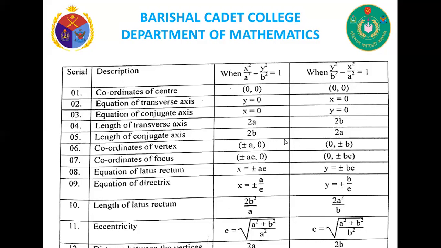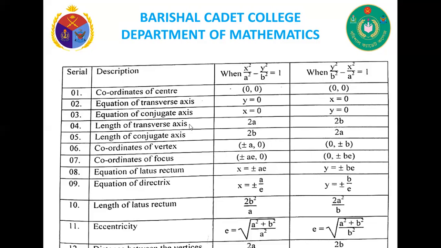If the standard form of the equation of a hyperbola is y squared divided by b squared minus x squared divided by a squared equal to 1, then the coordinates of the center will be 0, 0. Equation of the transverse axis: this will be x equal to 0. Equation of the conjugate axis: this will be y equal to 0.